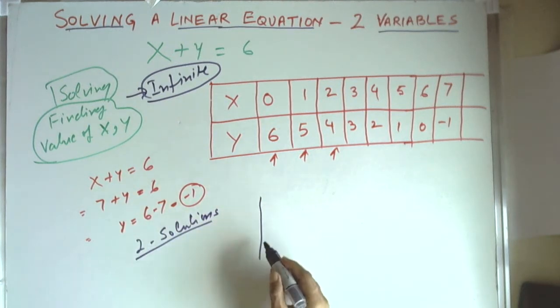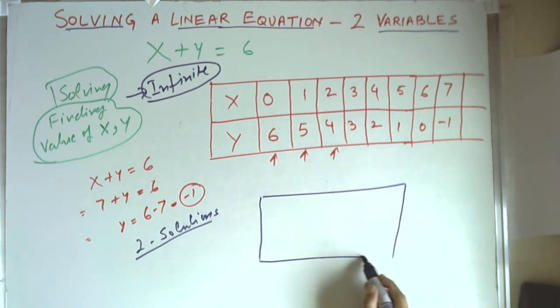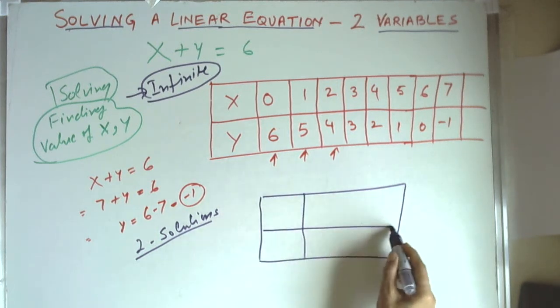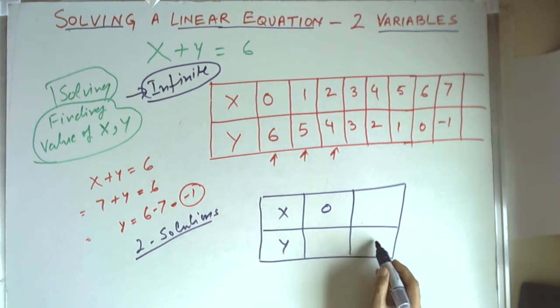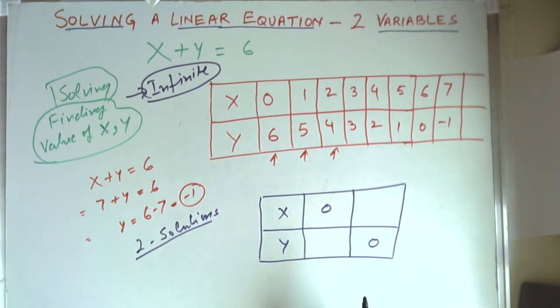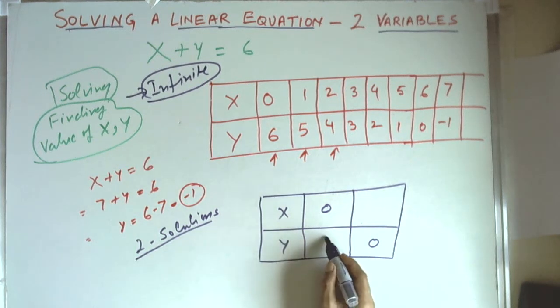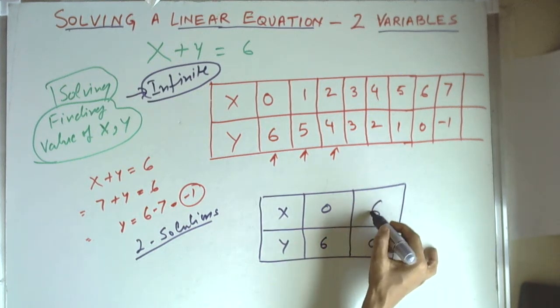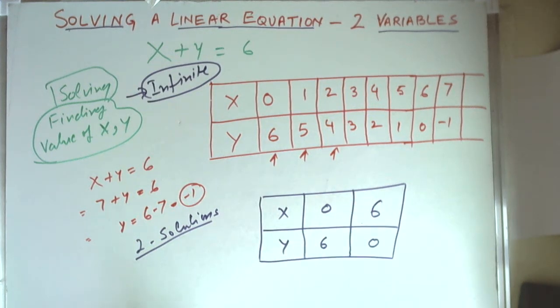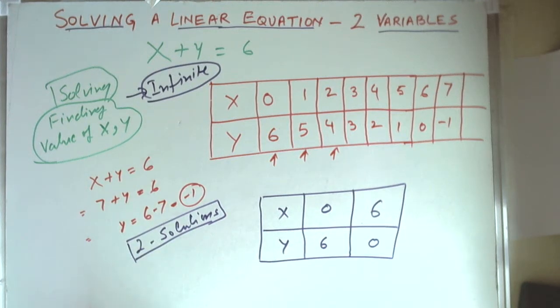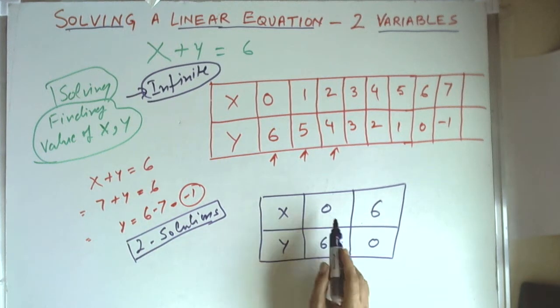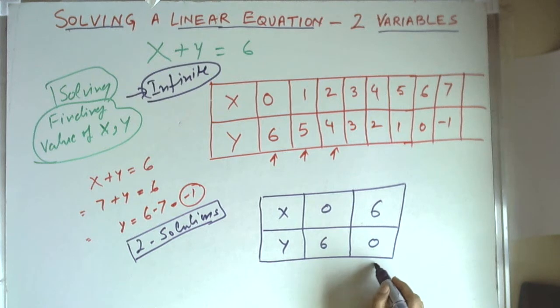The simple method of finding two solutions is to put x is 0 and y is 0. These are the simplest solutions, because when x is 0, y is 6, and when y is 0, x is 6. So this is a very quick and simple way of finding two solutions of a linear equation in two variables. We assume the combination where x is 0 and then find y, and when y is 0 find x.